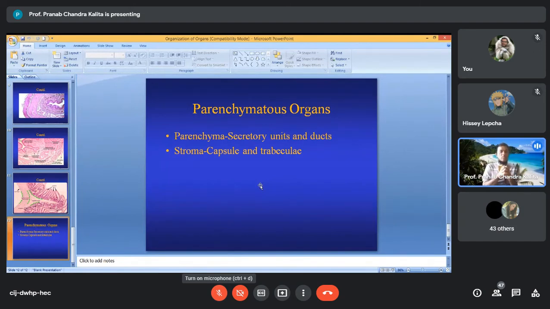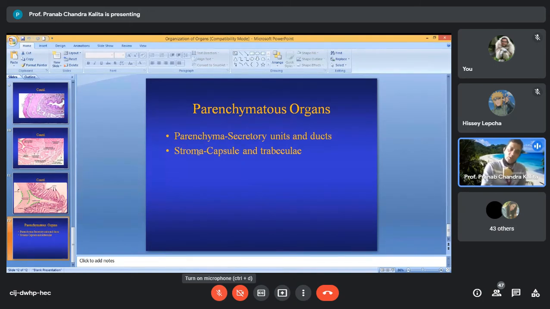That stroma is the connective tissue from the capsule, and from the capsule certain septa-like structures will invaginate into the interior of the gland, and those will be called the trabeculae. So these are the two components in general of the parenchymatous or solid organs. That means the organization of a parenchymatous organ consists of parenchyma and stroma.